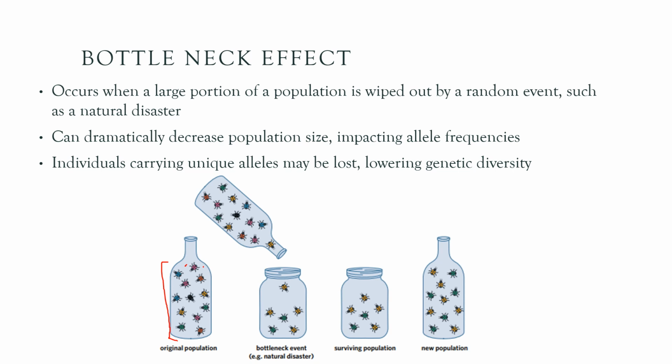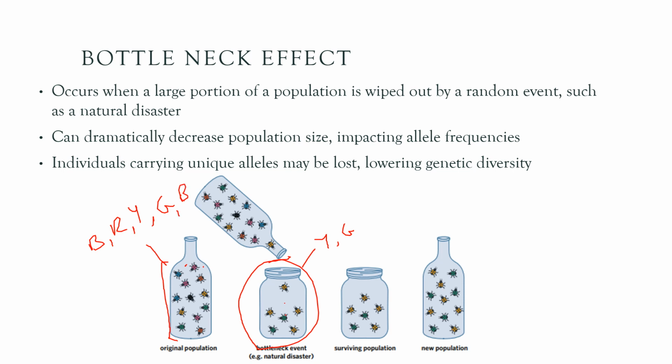You can see here in that natural disaster, only a handful of our beetles survived. Only yellow and green beetles have survived, whereas in the original population, we had blue beetles, red beetles, and I think I can see a black beetle in there as well.